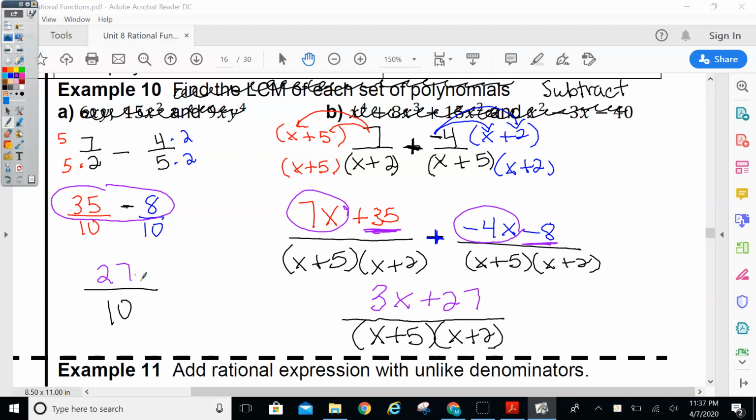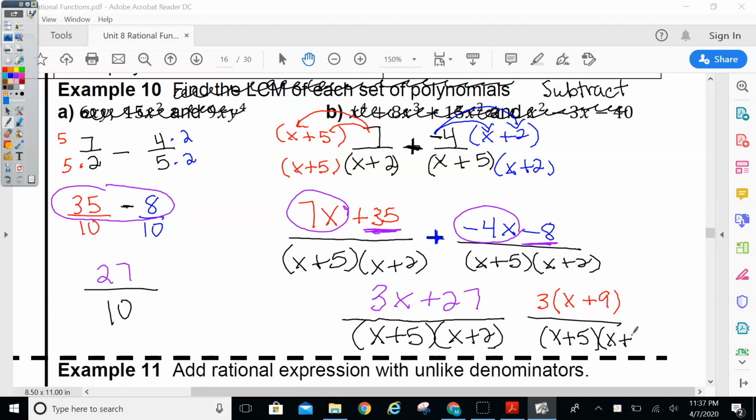So again, here, what you should really check is to see if you can factor further. So if I look at the numerator, both of these are divisible by 3. So I can write this as 3 times x plus 9 over the factored form x plus 5, x plus 2.